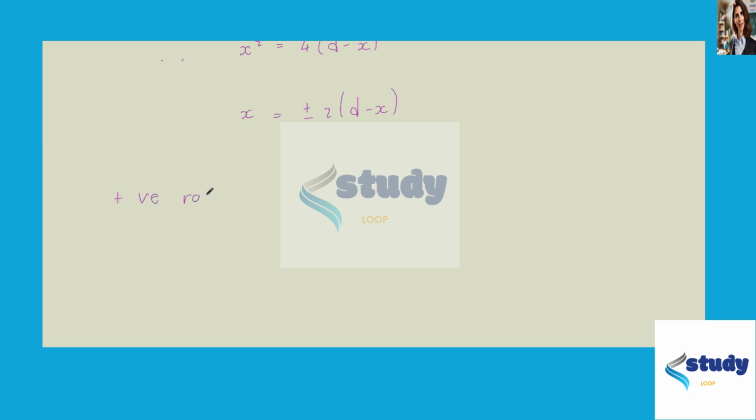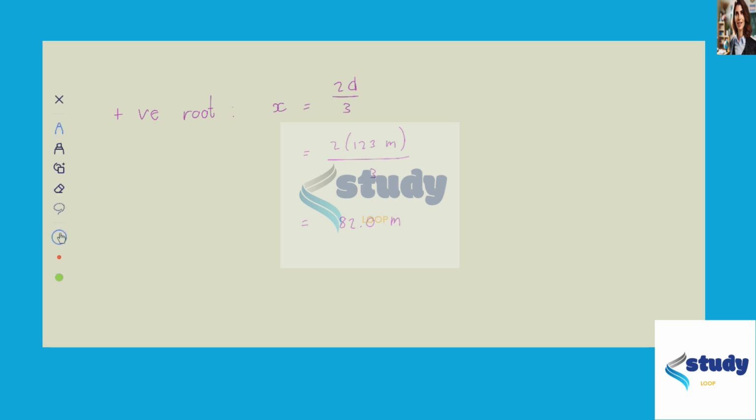So the positive root, if we solve above, x is equal to 2d divided by 3, which is 2 into 123 meters, the distance separating the two sources, divided by 3, and we get the first position of equal sound intensity to be 82 meters on our x-axis.